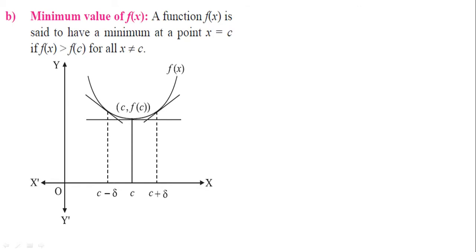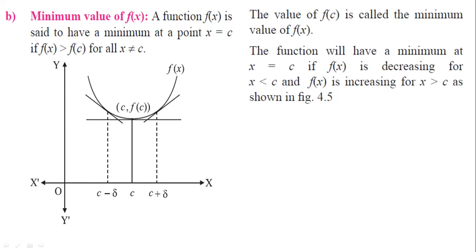In the neighborhood of c, before c the function is decreasing, and after c the function is increasing. So at the point x = c you get the minimum value of this function. From the graph you will clearly understand that the value f(c) is called the minimum value of f(x), and the function will have a minimum at x = c if f(x) is decreasing for x less than c and increasing for x greater than c, as shown in this figure.